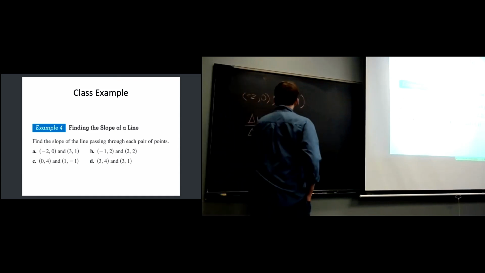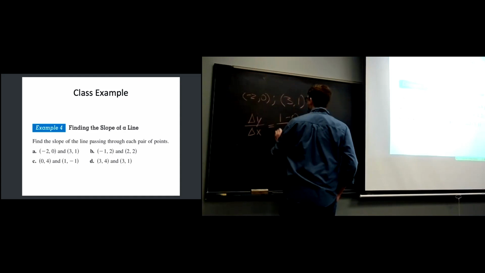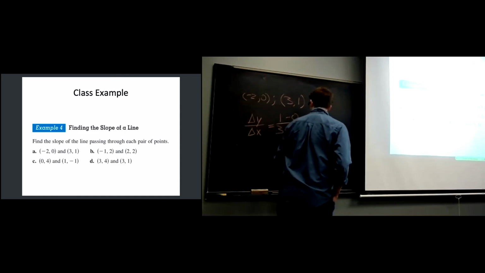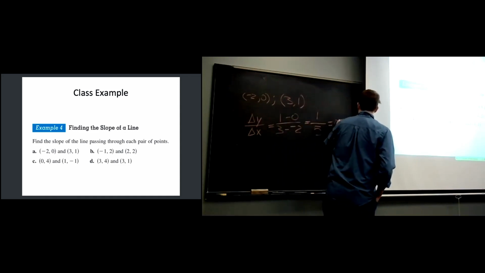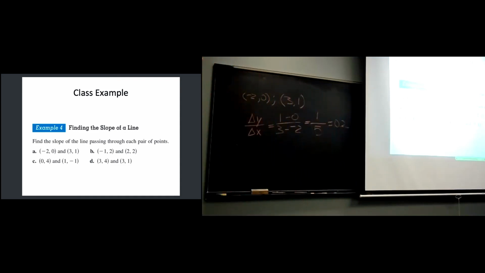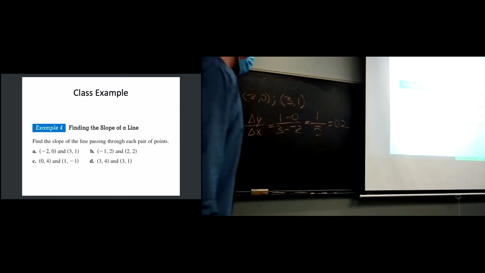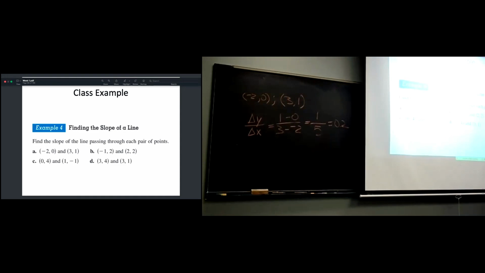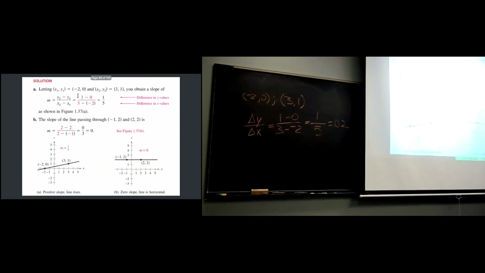So that's going to be 1 minus 0 over 3 minus -2. So this is going to be 1 over 5, or you can rewrite it as 0.2. Looking at the solution as the book provided it, 1 over 5.